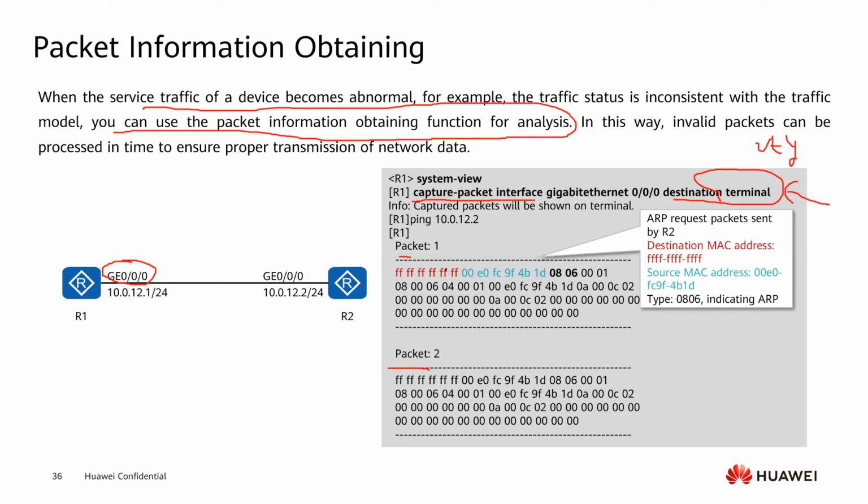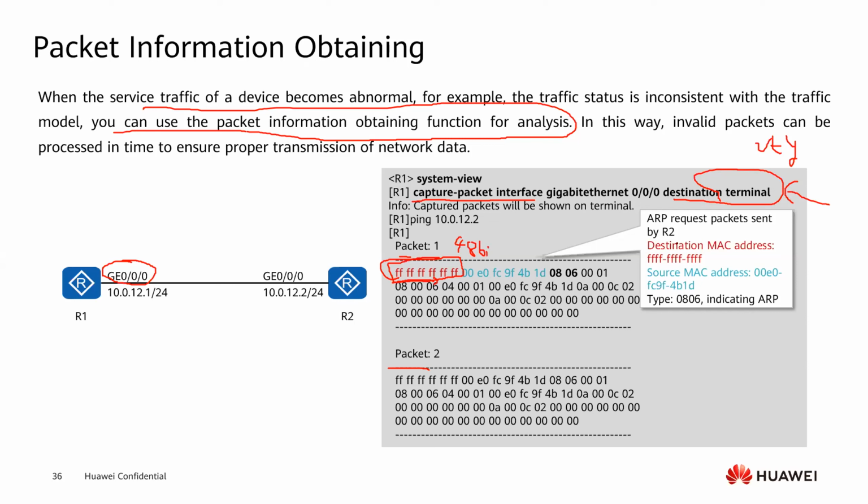Because it's not translated normally, I think you must calculate it yourself. Okay, this is an example. ARP, 48 bit.